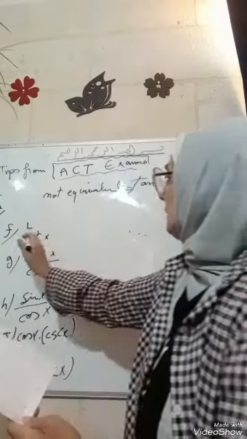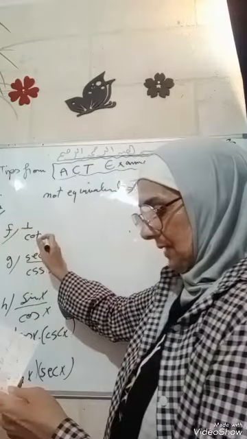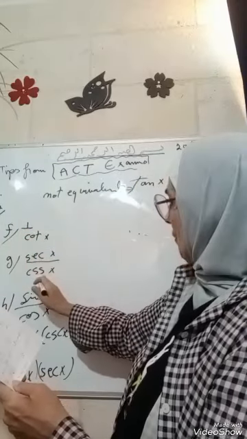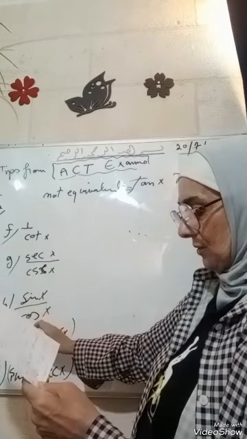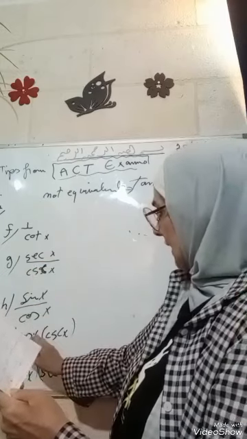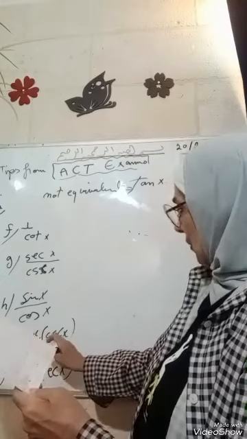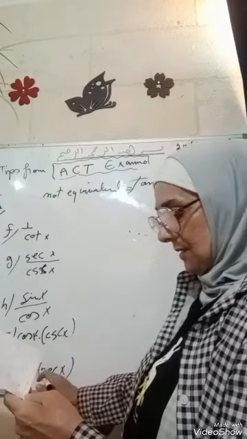Again, 1 divided by cotangent x, secant x over cosecant x, sine x over cosine x, cosine x times cosecant x, and the last one sine x times secant x.